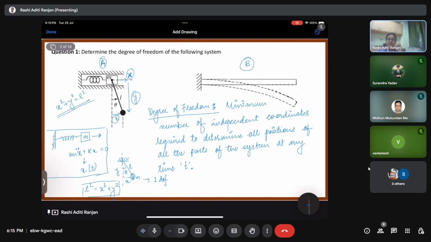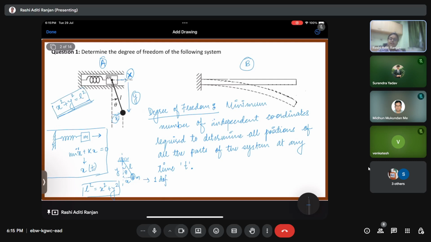Because the mass is moving only in the horizontal direction and it is constrained in the vertical direction, right? So the change of capital X is going to change the value of small x, but it is not going to change this relation. It is not going to change the length of the string that I have used for suspension of the bob, right? It is always going to be in the taut state, or we can say that it's a rod. Let us not consider it as a string. So this relation is always going to hold true.